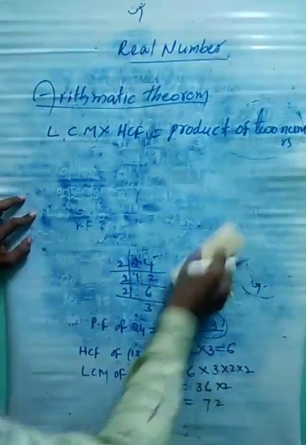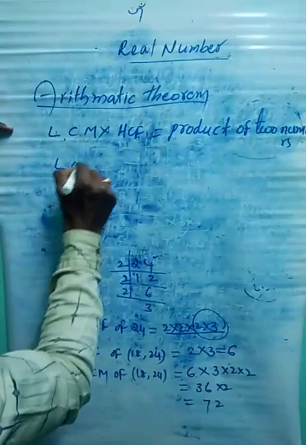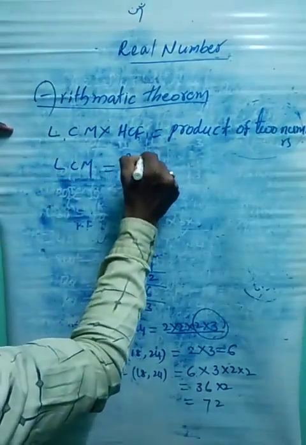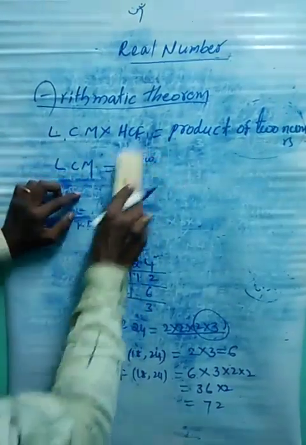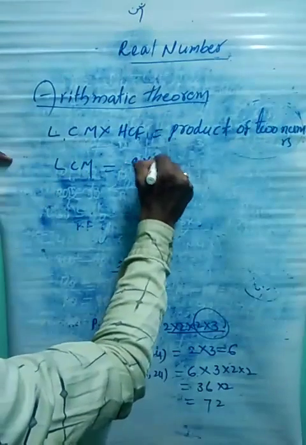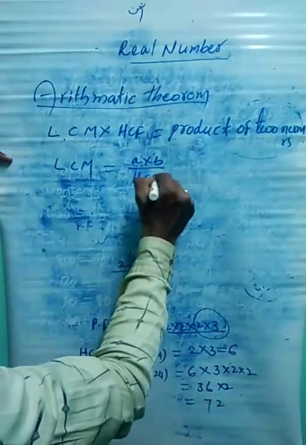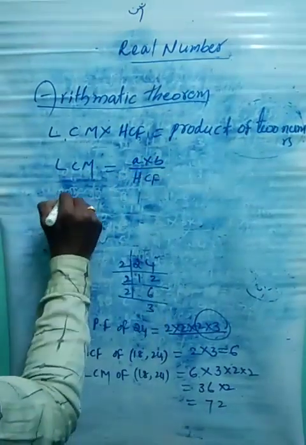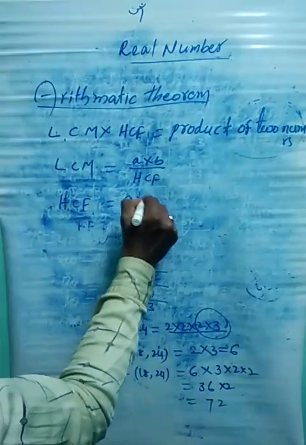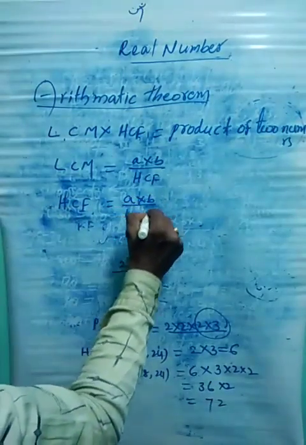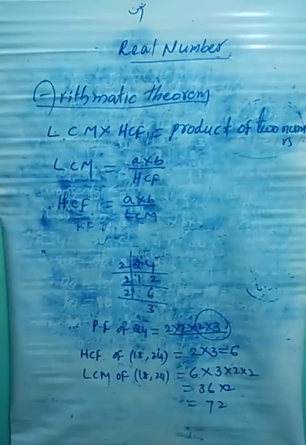The relation of HCF and LCM: LCM is equal to the product of two numbers, suppose A into B, by HCF. Similarly, HCF is equal to the product of two numbers by LCM. If one number is given, we need to find the other number.